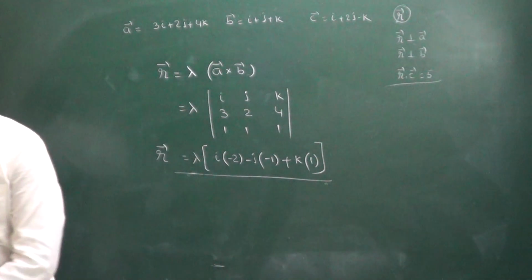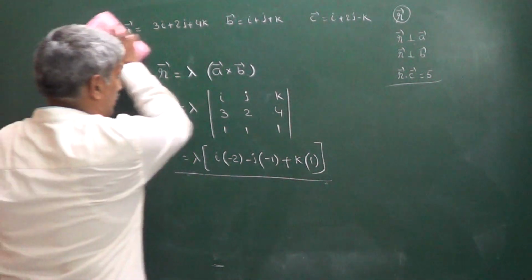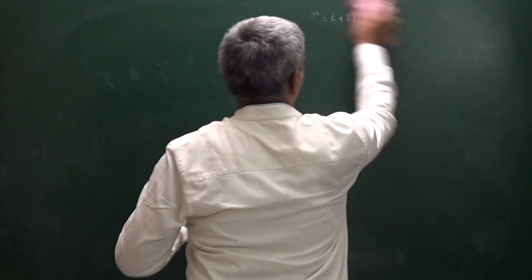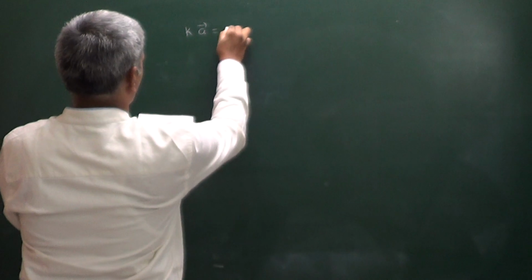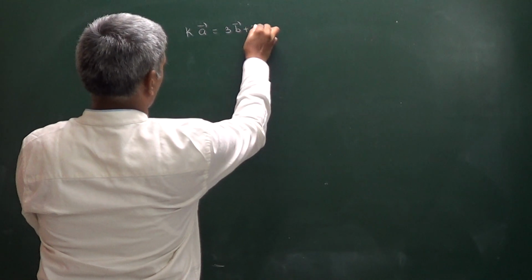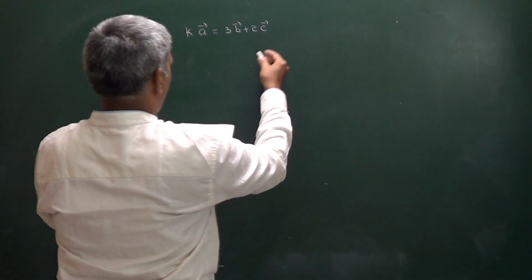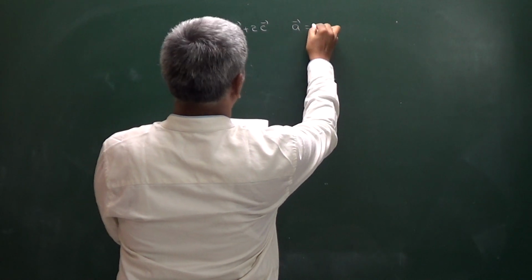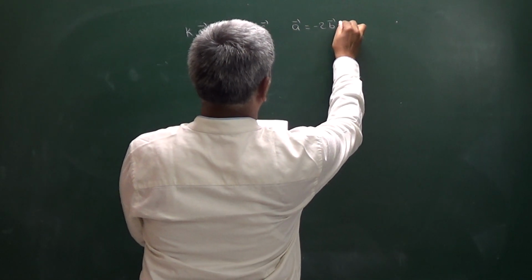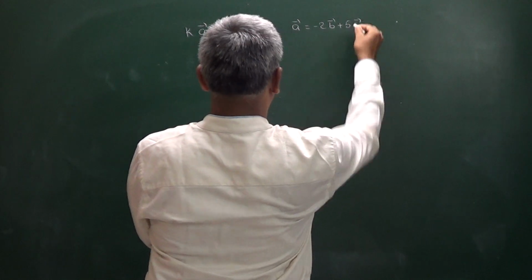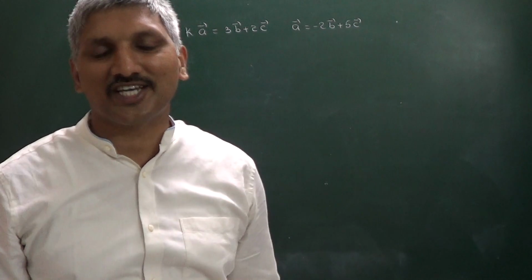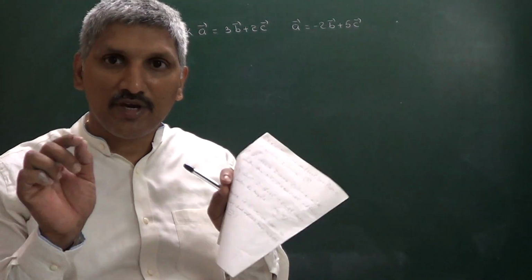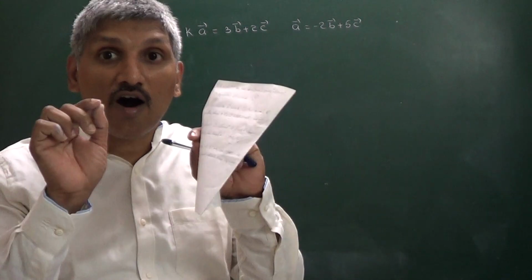So another question. Now the question is saying, k a bar is equal to 3b bar plus 2c bar, and next a bar is equal to minus 2b bar plus 5c bar, such that c bar and b bar have opposite directions. c bar and b bar are vectors of opposite direction.